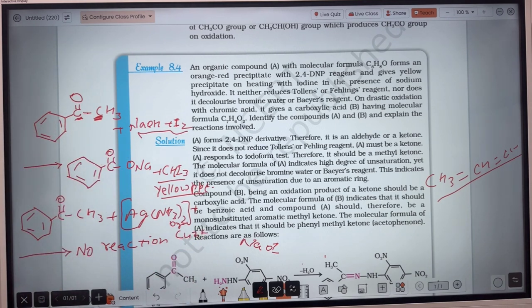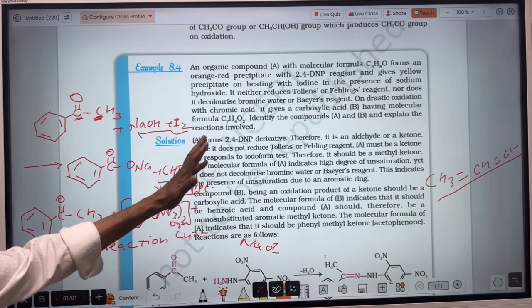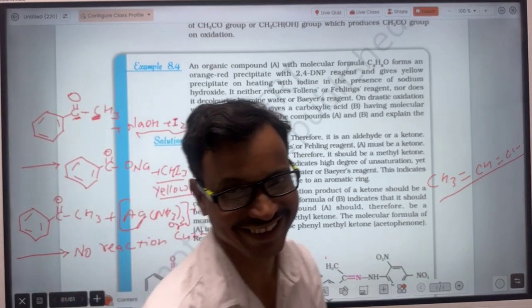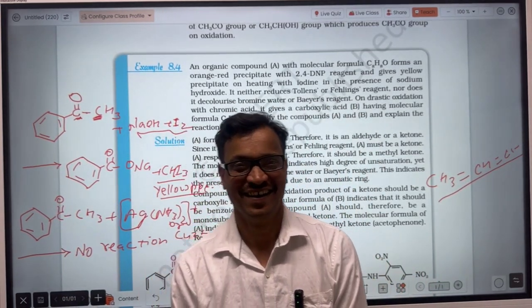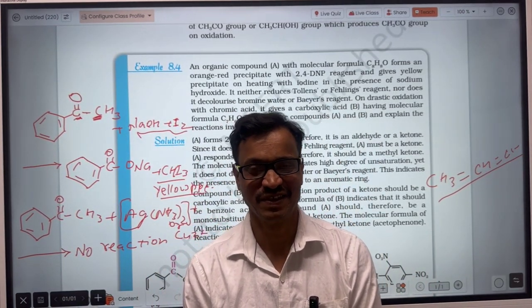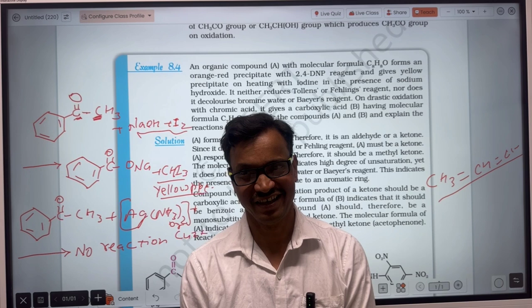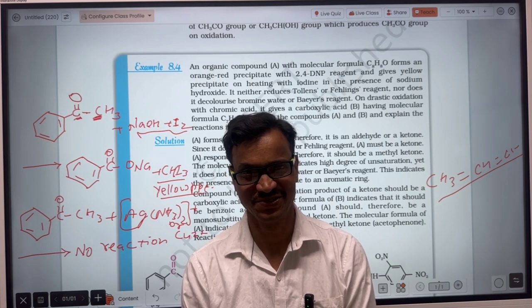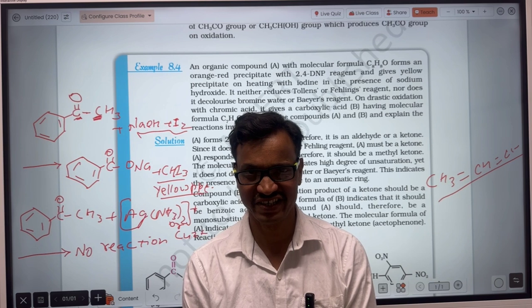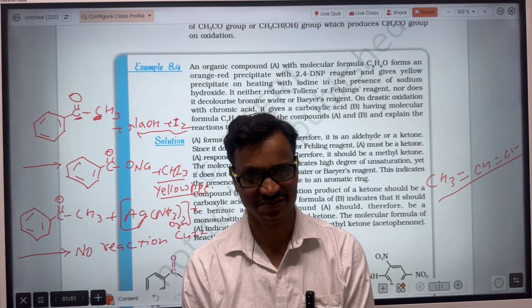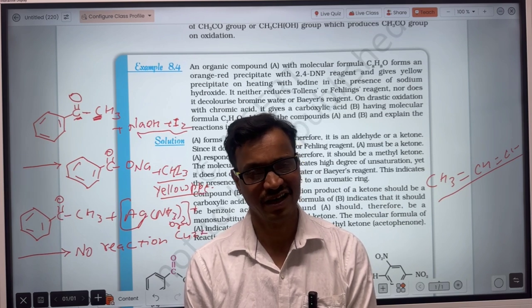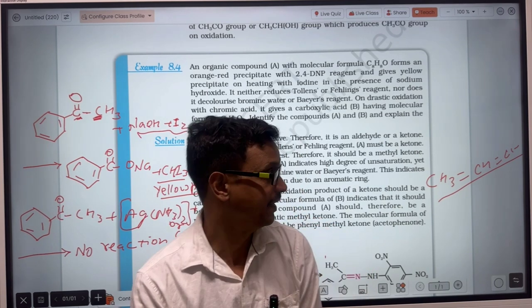That was the step, next step. Then after here you will have to do drastic oxidation. Why drastic oxidation? Because among aldehyde and ketone, aldehyde is easily oxidized. So the oxidation of aldehyde is easier, but that of the ketone is not easy. So you will have to react the ketone at high temperature and pressure.